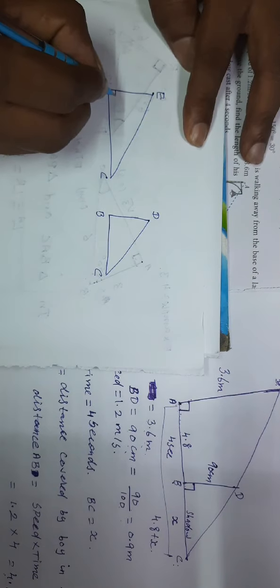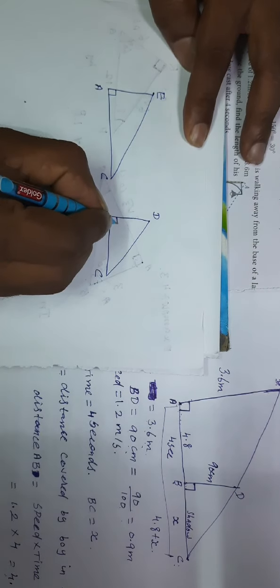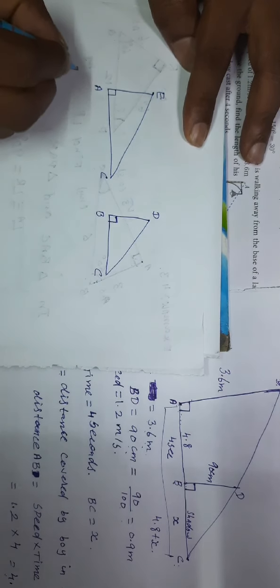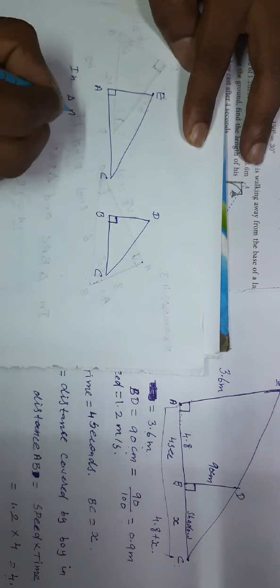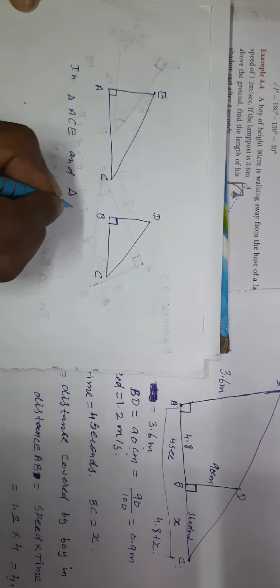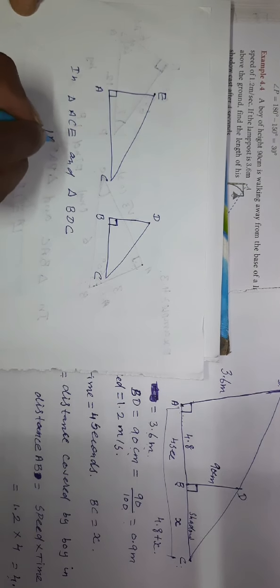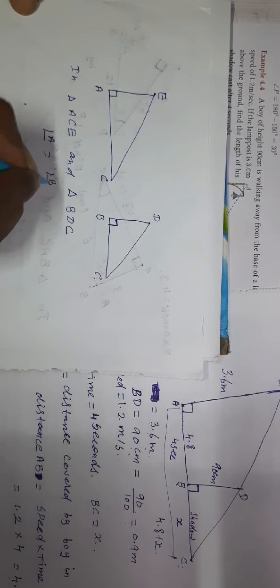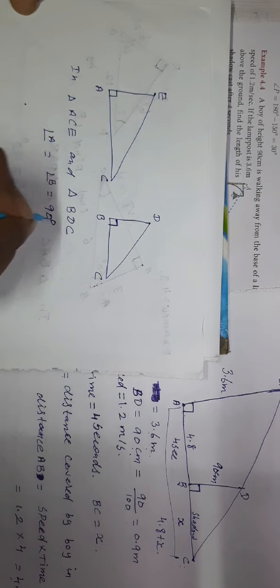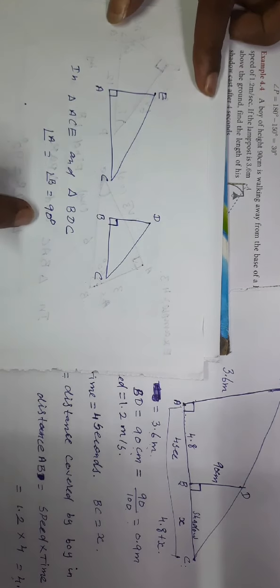Here angle A is 90 degrees and angle B is also 90 degrees. So in triangle ACE and triangle BDC, angle A is equal to angle B, both 90 degrees.